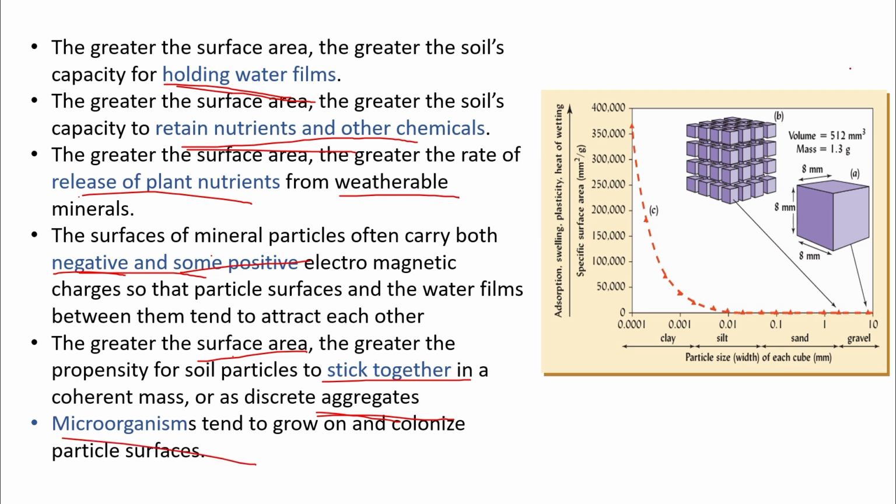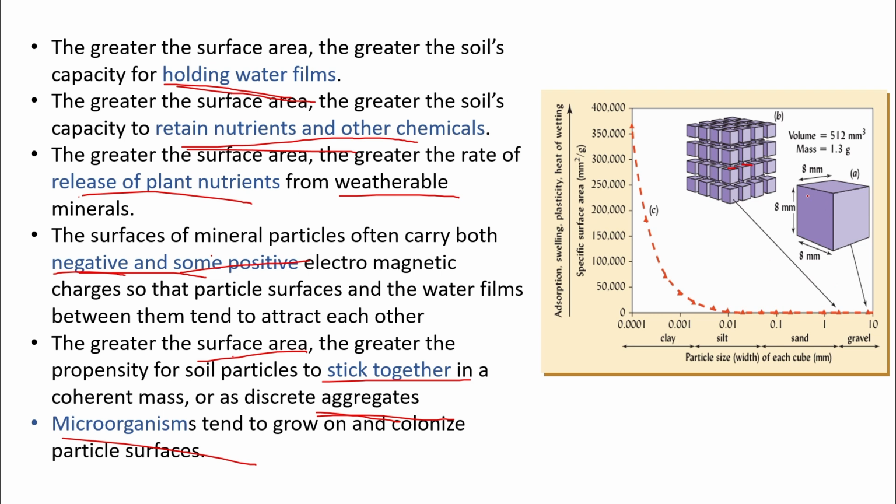In this picture, you can see this is a larger size particle and this is a small size particle. When we cut this into many cubes, the newly exposed parts also contribute to the surface area. Both contain the same mass, 1.3 gram, and volume is 512 millimeter cube.